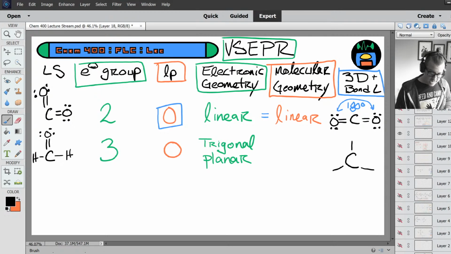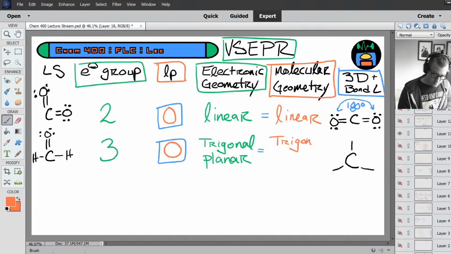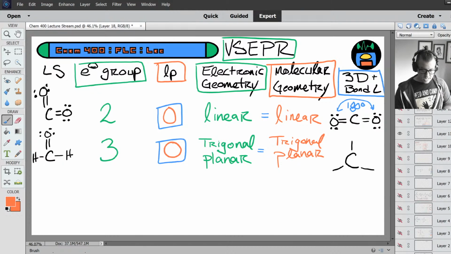All right? Now, we learned that when you have 0 lone pairs, your molecular geometry and electronic geometry are the same. So our molecular geometry is trigonal planar. And now you'll notice that I've drawn the trigonal planar shape, right? Those 3 groups as far away from each other as possible.